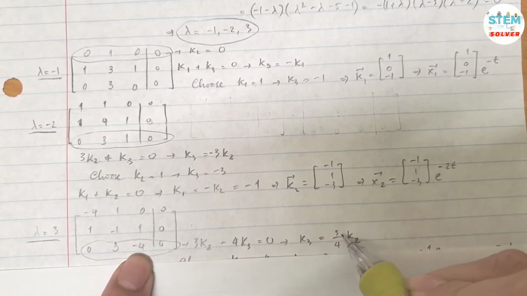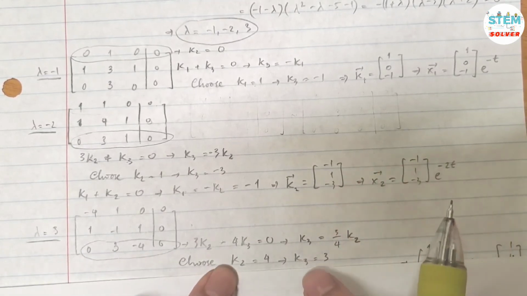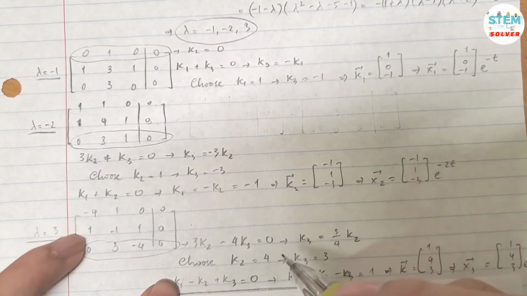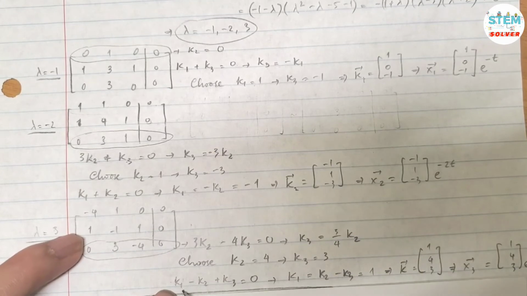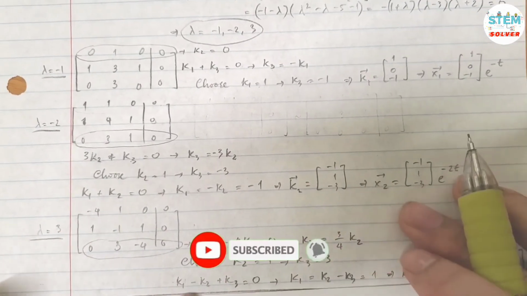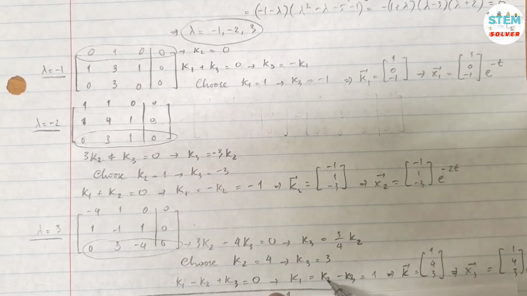Solve for k3. I got 3/4 k2. If I choose k2 equals 4, that gives me k3 equals 3. Now use the second equation: k1 minus k2 plus k3 equals 0. So k1 is equal to k2 minus k3. k2 is 4, k3 is 3, so that gives me 1 for k1. Then my vector k3 is (1, 4, 3).